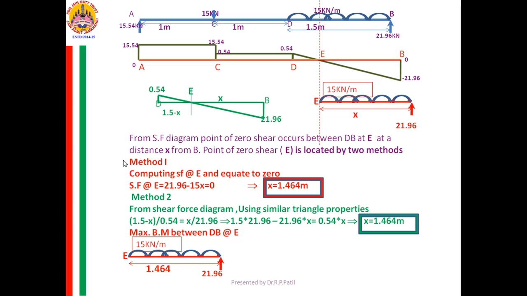Now we are going for the bending moment. We need to go for bending moment sign convention. Yes, up is positive, down is negative. From E you need to measure all the distances. Therefore, first load is 21.96 multiplied by 1.464. It is acting in the upward direction. That is why it is positive. Next load is 15 into 1.464.